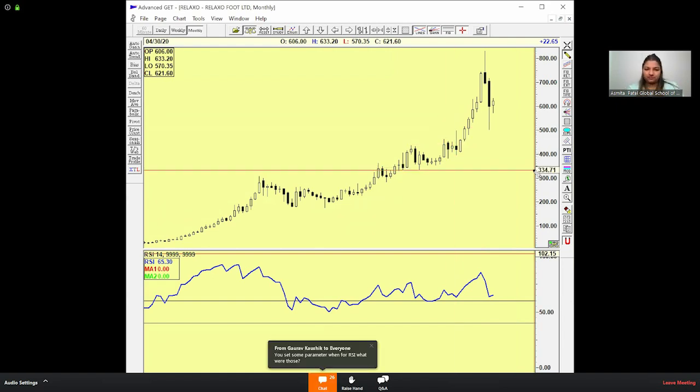Daily will first start going down. Once daily remains in a downtrend for few weeks, it will take weekly to a downtrend. Once weekly remains in a downtrend for few weeks, then it will take the monthly time frame.